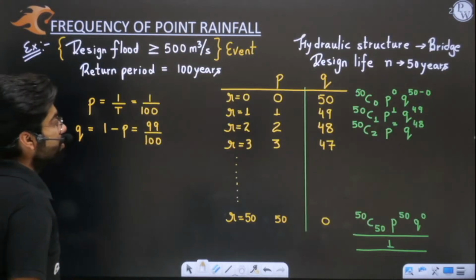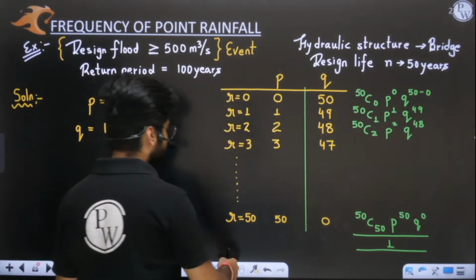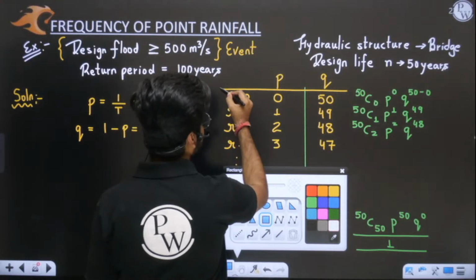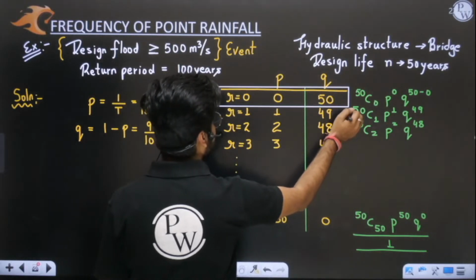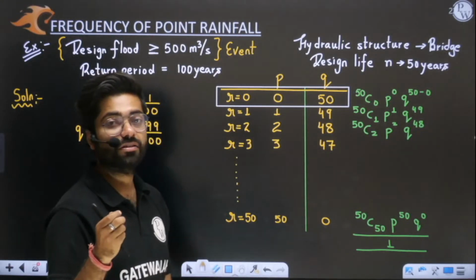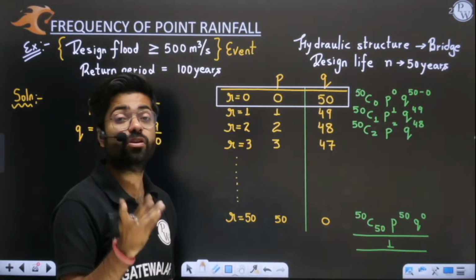So out of all these cases, if we are finding the probability of this event, this probability is known as what?